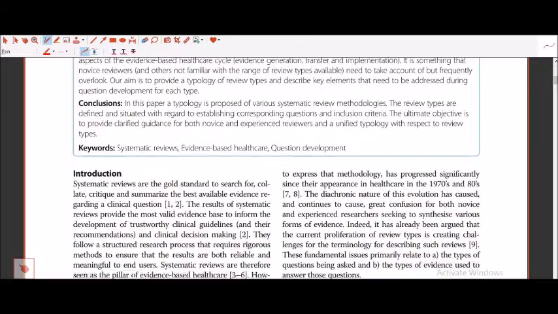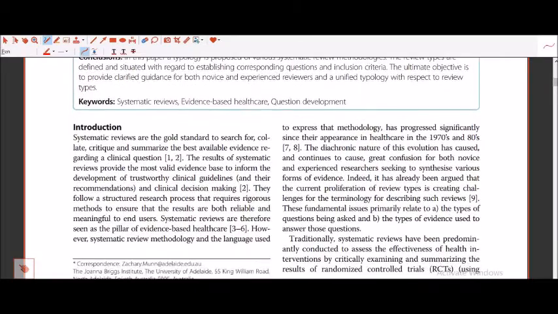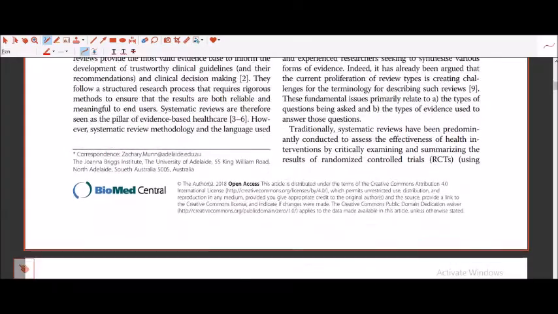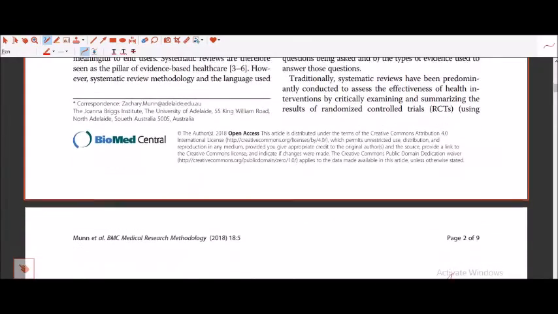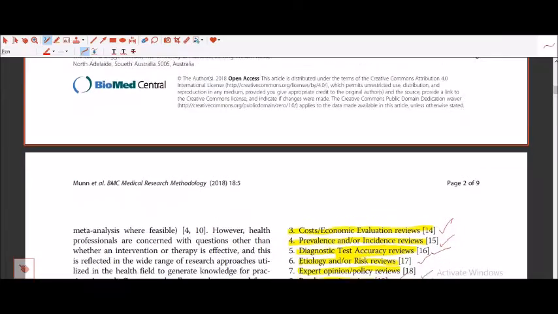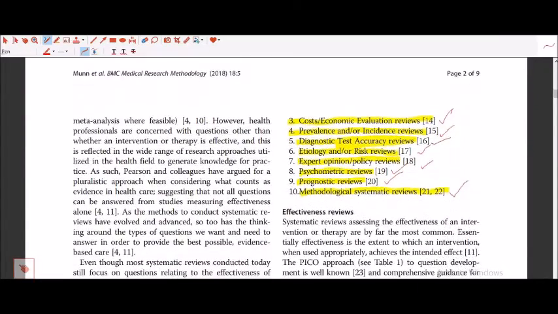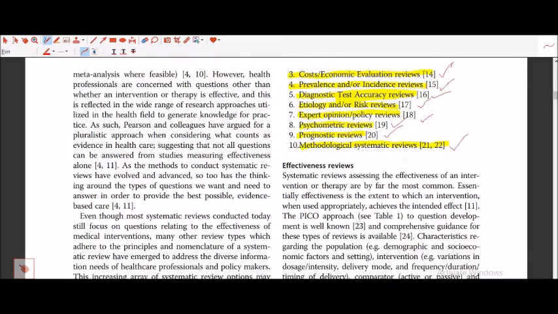I'm not going to read out each and every line of this paper, but only the things which are important for me. For example, let's start from here.